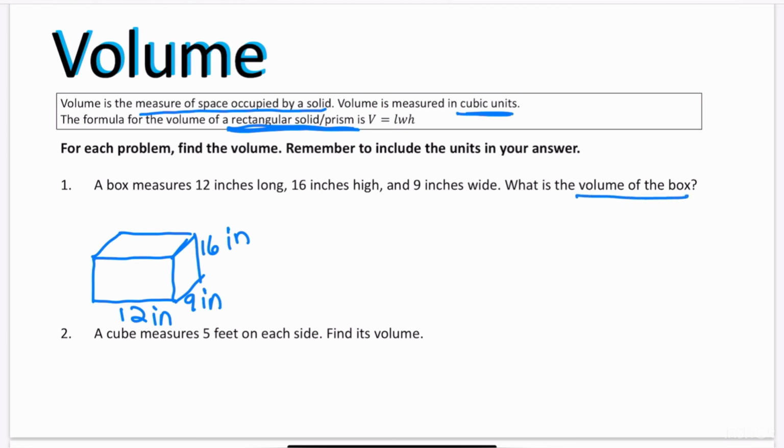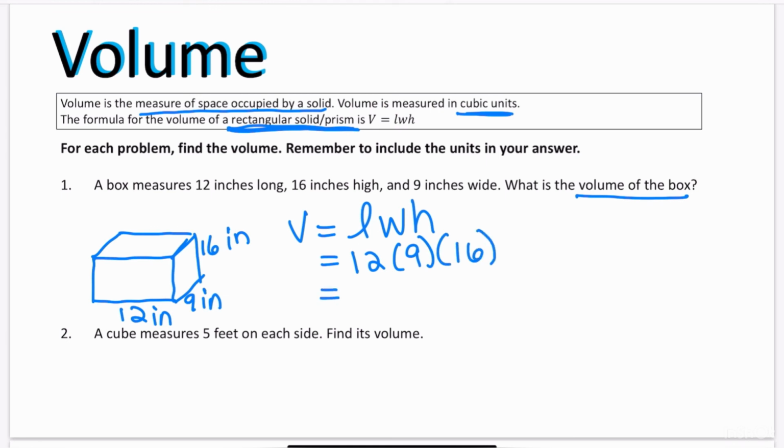To find the volume of the box, we're going to multiply the length times the width times the height. So here we do 12 times 9 times 16. Grab your calculators. Go ahead and multiply 12 times 9 times 16. And you get 1,728 cubic inches. Remember, the units are always cubic.